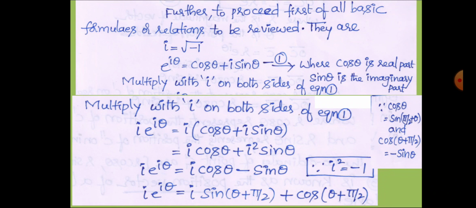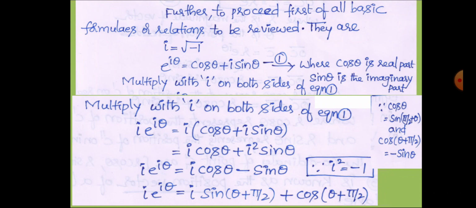Then multiply i with each and every term inside the bracket. Then i into cos theta is i cos theta, plus i into i is i square sin theta. Now further, i e power i theta is equal to i cos theta plus i square sin theta. Just now I told you i square is equal to minus 1. Therefore, minus 1 into sin theta becomes minus sin theta.